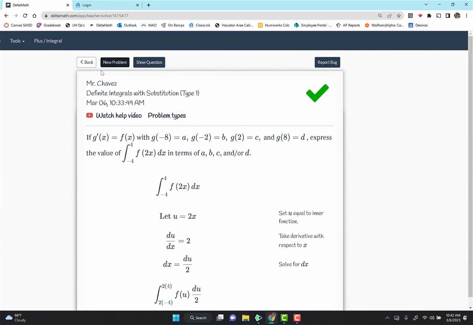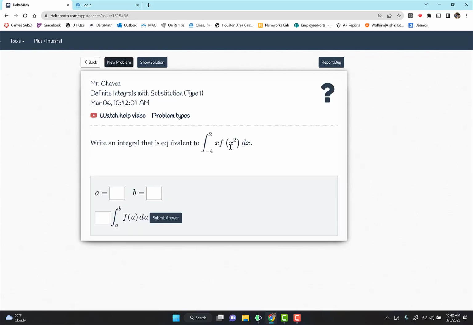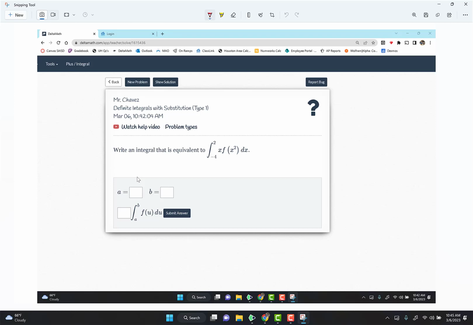There we go. Now you probably are getting something like this one, right? u equals x squared, du equals 2x dx. We're good? It doesn't have a 2, so I plug a 2 in here, and I put a half on the outside.